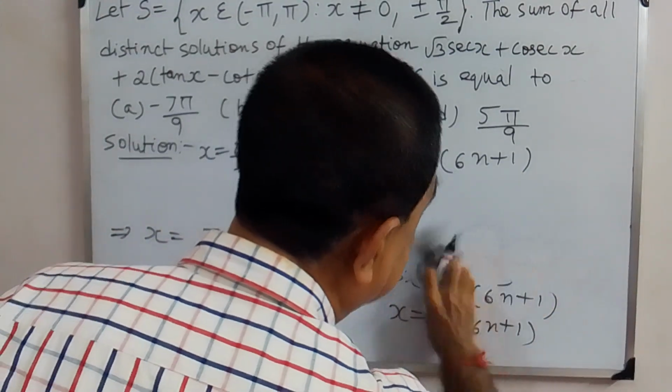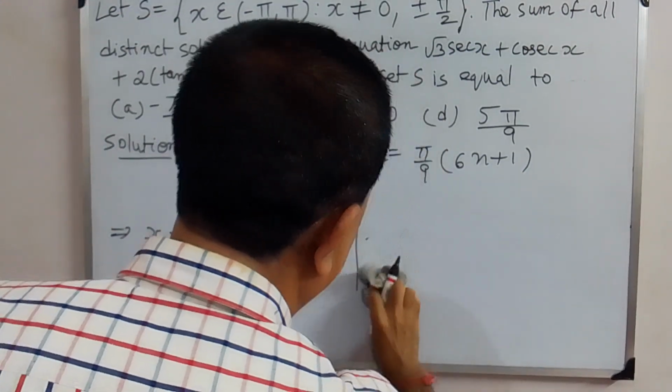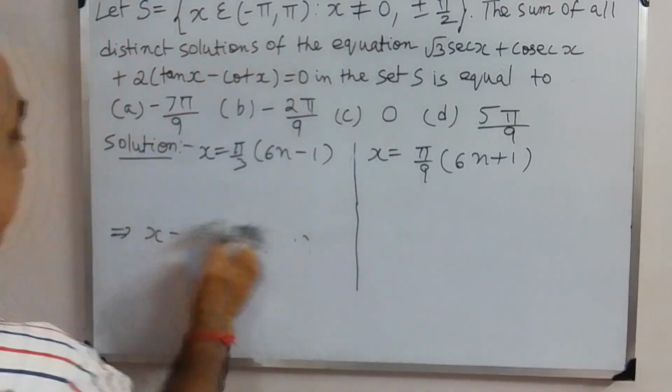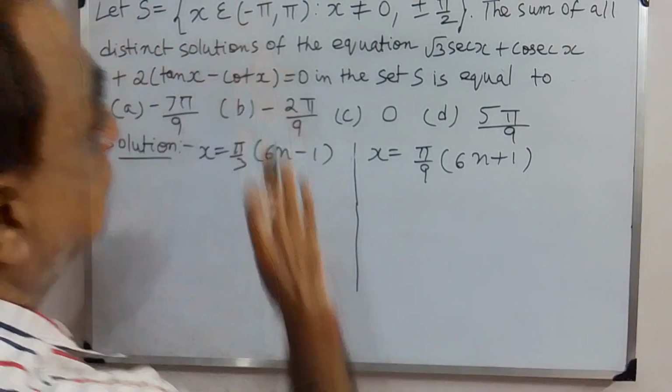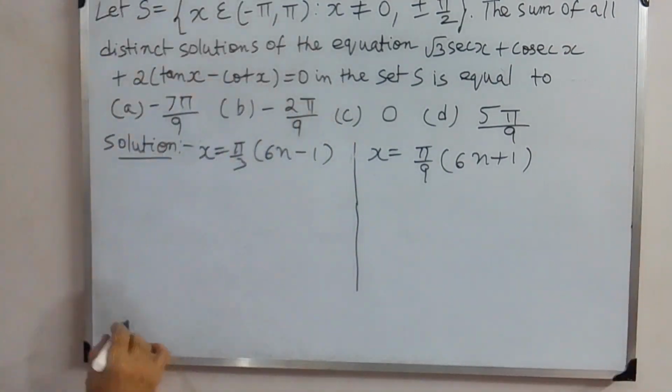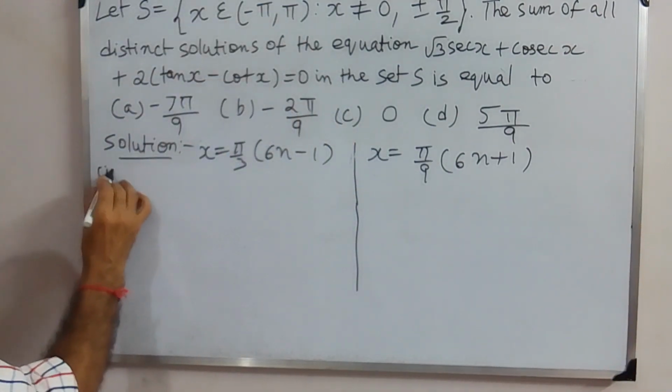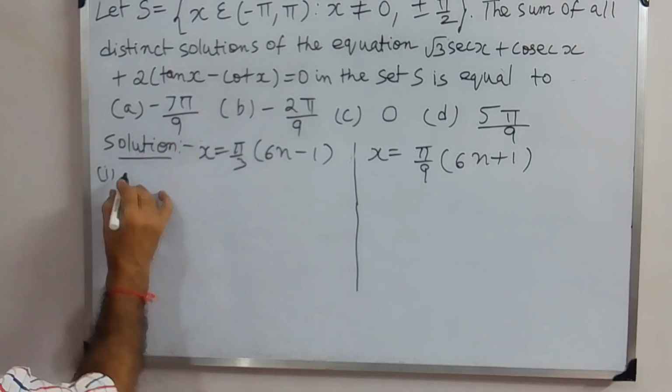Integer. Integer means negative and positive whole numbers. Now we have to find all the values of x which are lying in this range by putting different integers. So let us start with n equals minus 1.